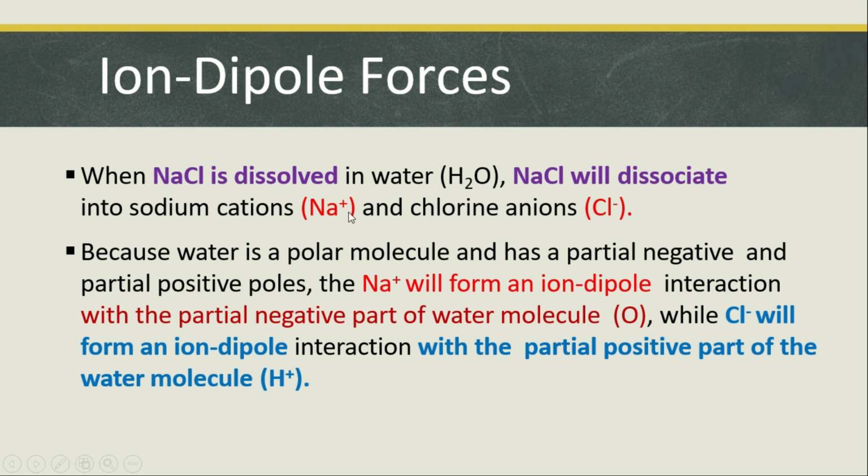When sodium chloride is dissolved in water, sodium chloride will dissociate into sodium cations and chloride anions. Because water is a polar molecule and has partial negative and partial positive poles, the sodium ion will form an ion-dipole interaction with the partial negative part of the water molecule, while the chloride ion will form an ion-dipole interaction with the partial positive part of the water molecule.